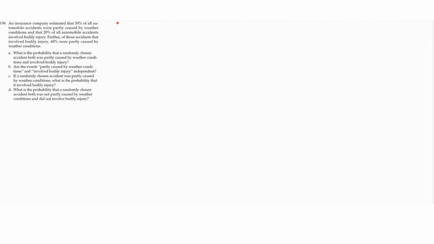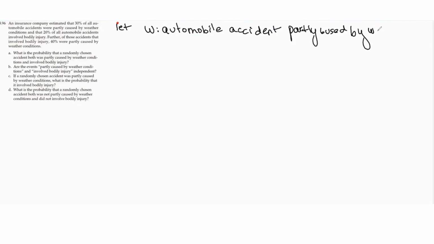Here we were looking at two major events, right? Where we define W to be the event that the automobile accident was partly caused by weather conditions, and we took I to be the event that the automobile accident involved bodily injury.